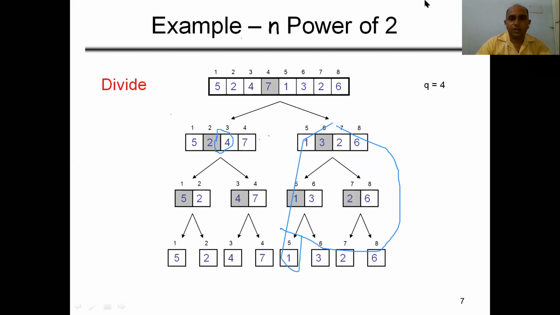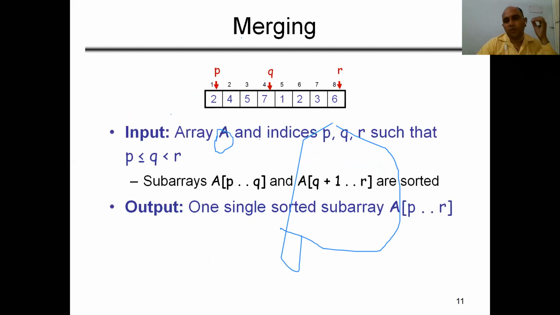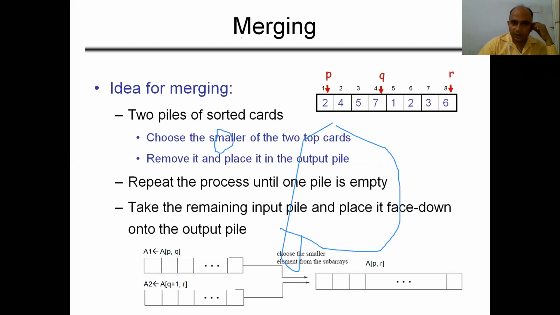Now, if we talk about the logic of merging, how we can merge two sorted arrays. So let's solve the problem of how we can sort two arrays. Suppose we have two sorted subarrays in a single array.